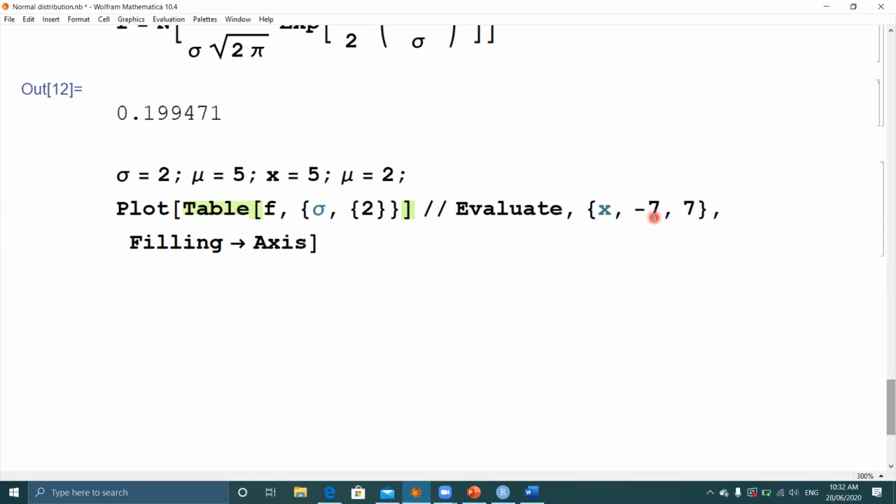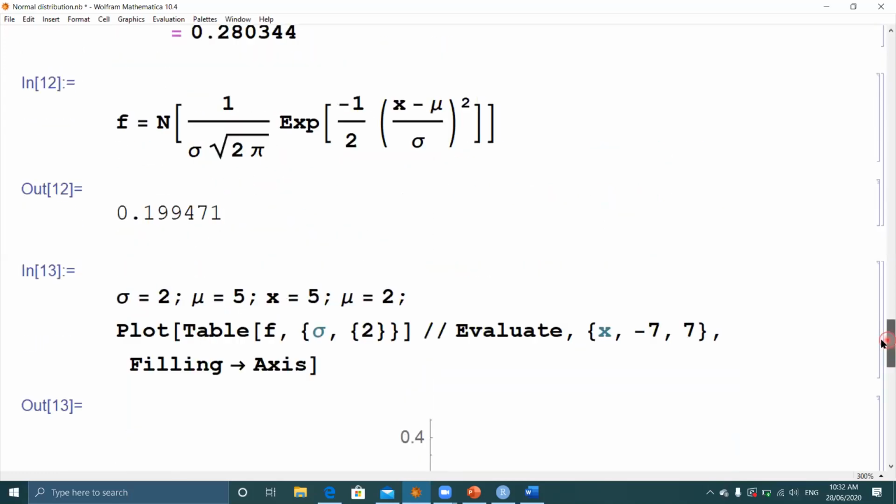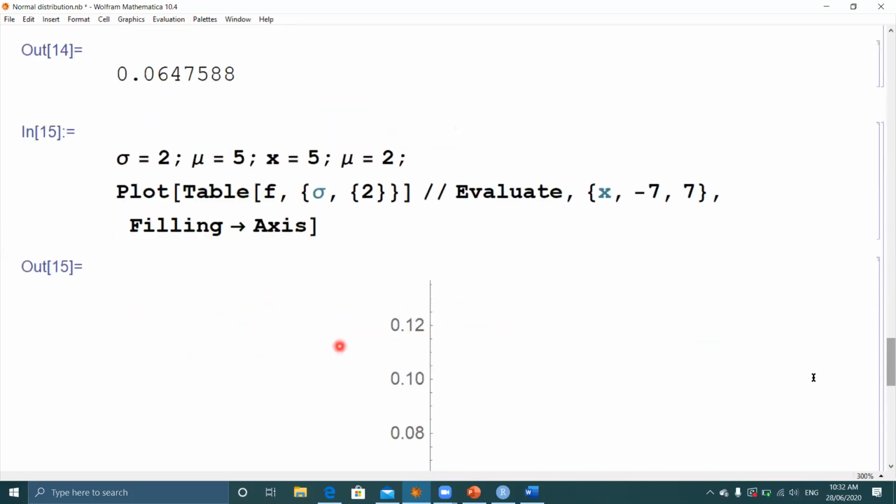Okay. There is, I think, some error. Okay, leaving it for the future.